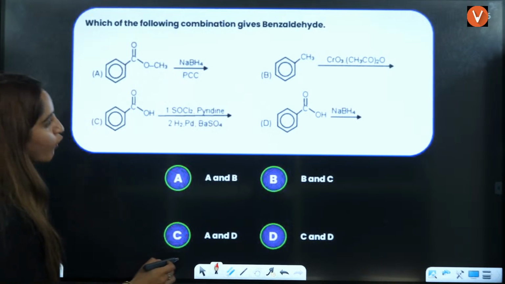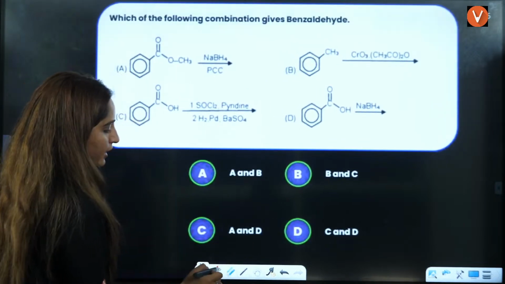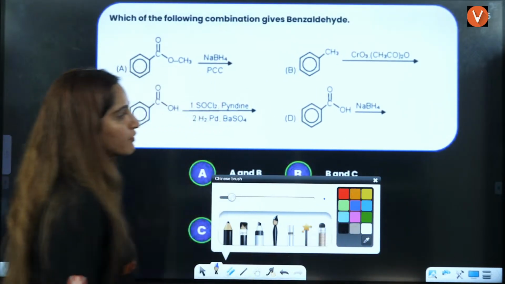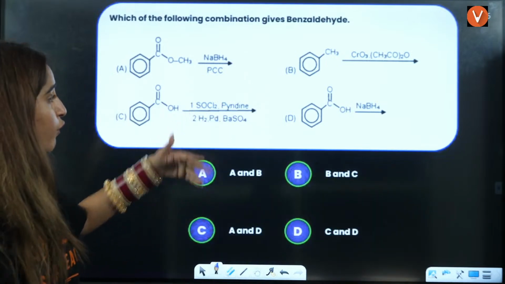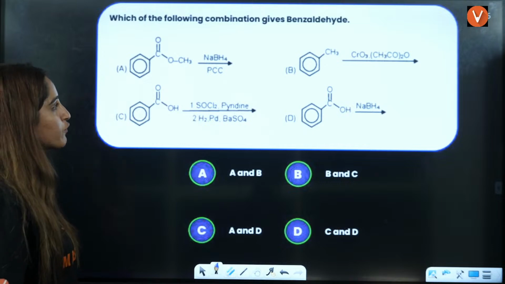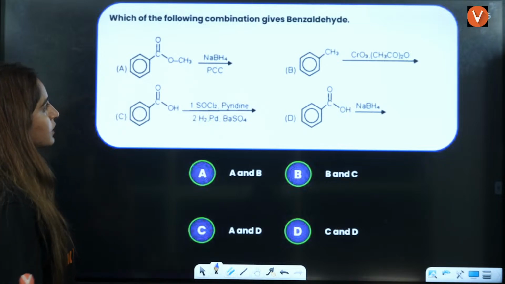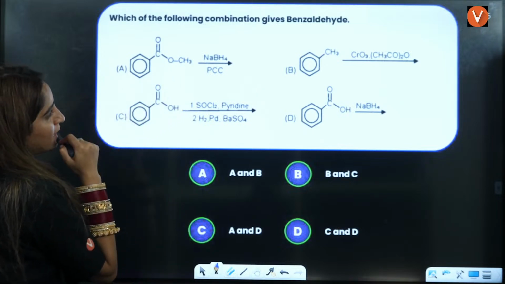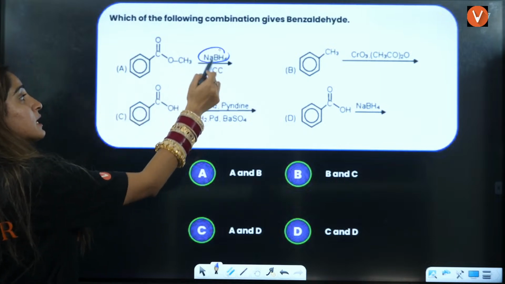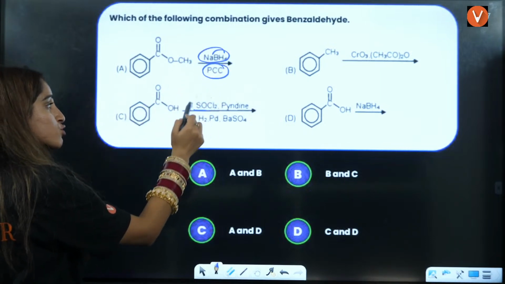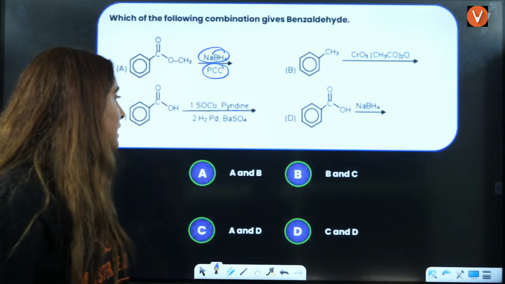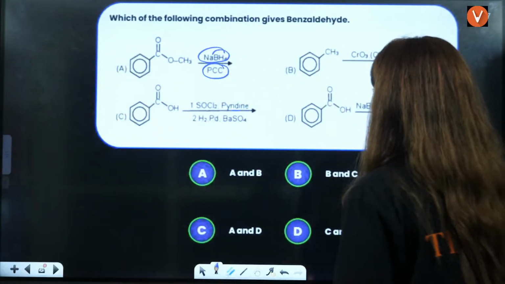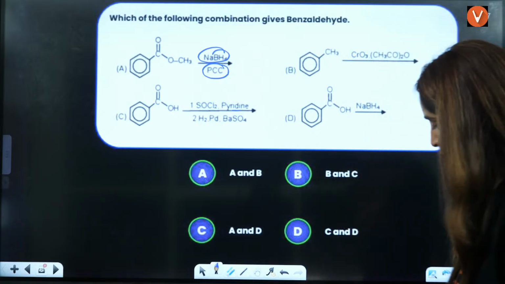Next is, which of the following combinations gives benzaldehyde? Any idea in the comment section, which of the following will give benzaldehyde? If you see this here, this is COOCH3, NaBH4, PCC, SOCl2 with pyridine, H2/Pd-BaSO4, right?